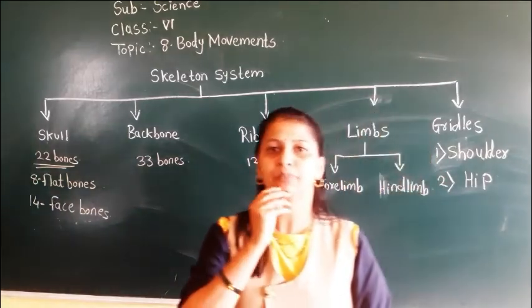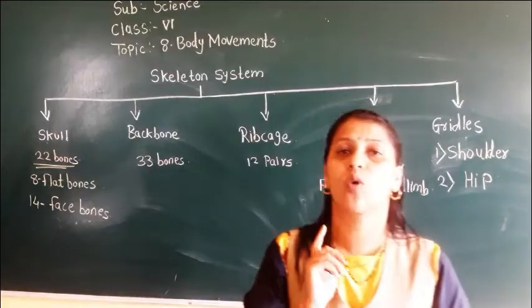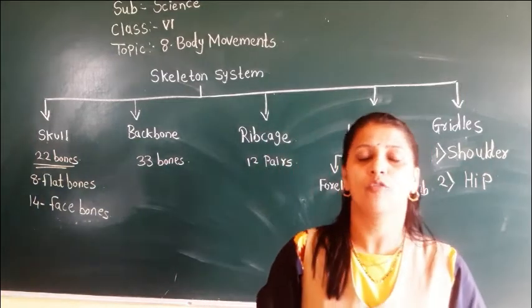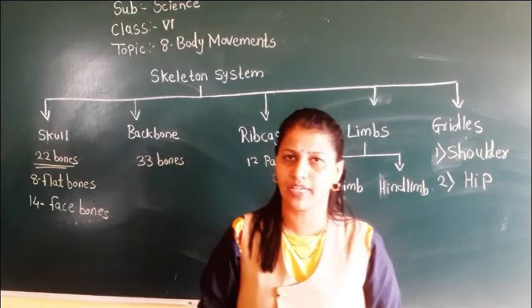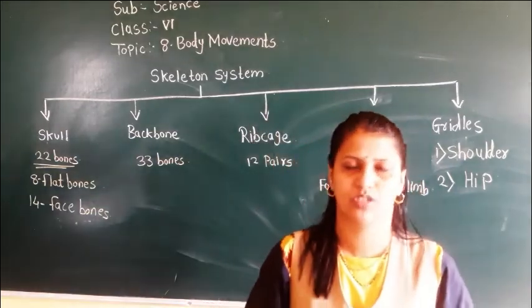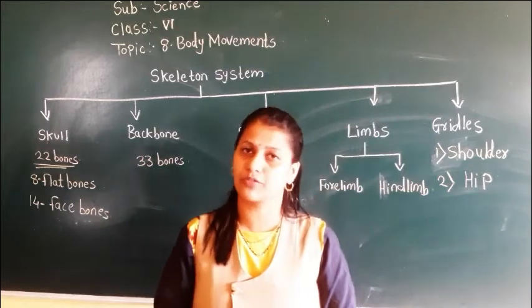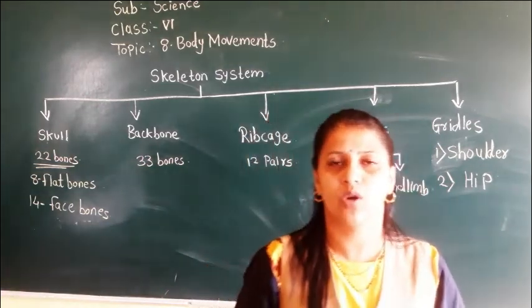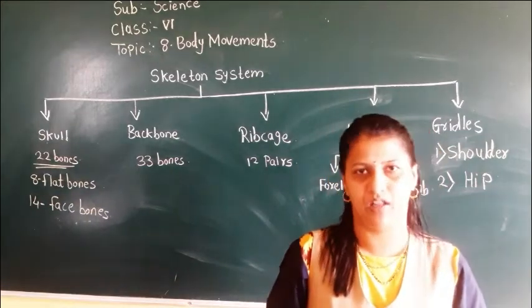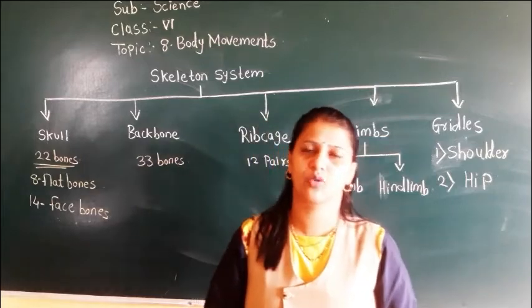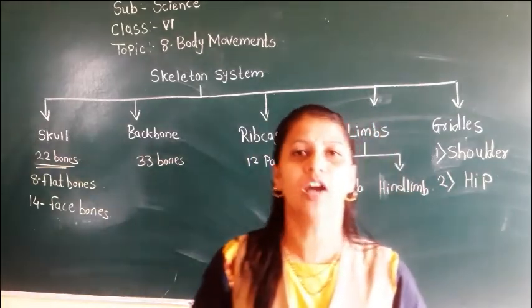Why is it so? For chewing the food, for talking, for eating, the lower jaw is used to chew the food. The lower jaw is movable. All the other bones are fixed. They do not move.